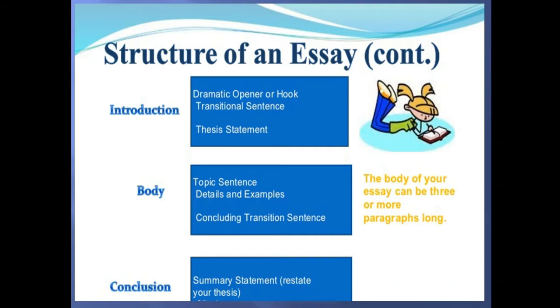The body includes a topic sentence, details and examples, and a concluding transition sentence. The body of your essay can be 3 or more paragraphs long. The conclusion includes a summary statement and restates your thesis.